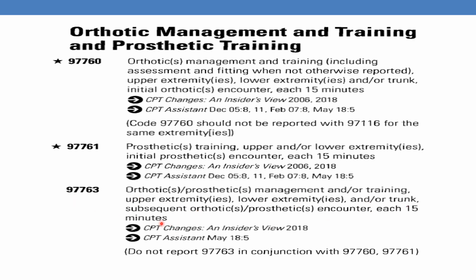This is mainly given for subsequent orthotic or prosthetic encounter. So for initial encounter, you need to code 97760, and for subsequent encounter, you need to code 97763. All three are time based, and the first two CPTs are also applicable for telemedicine.